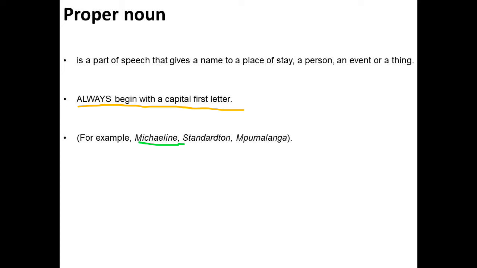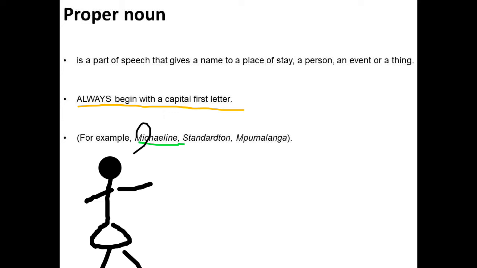Her name is Michaeline. Michaeline is a proper noun in the sentence. Her name is Michaeline. Michaeline is a proper noun because it starts with the capital letter M.